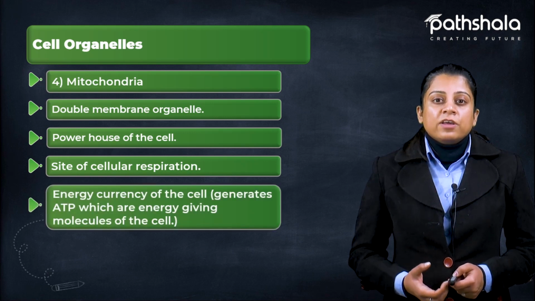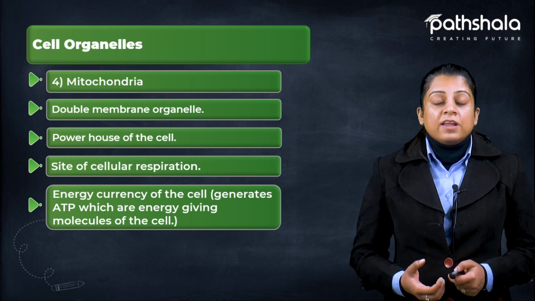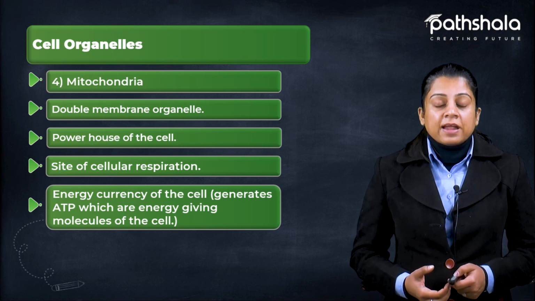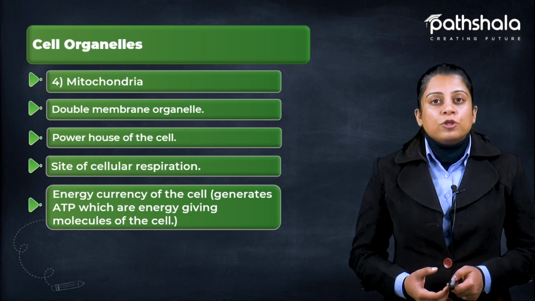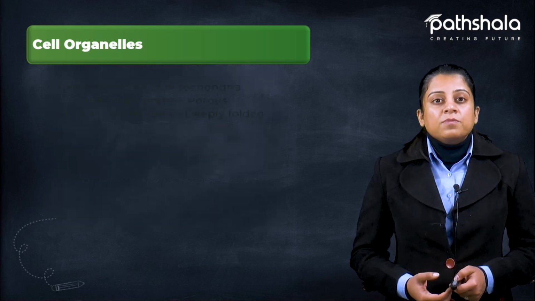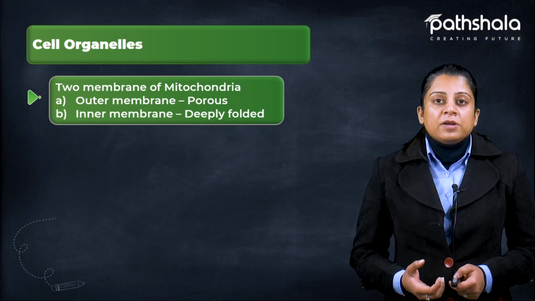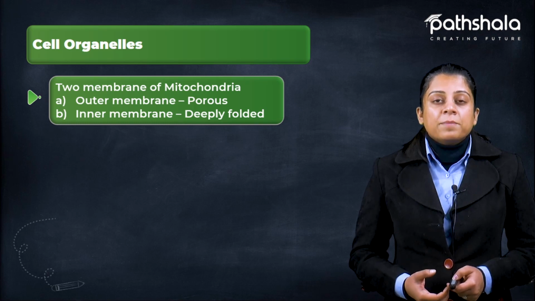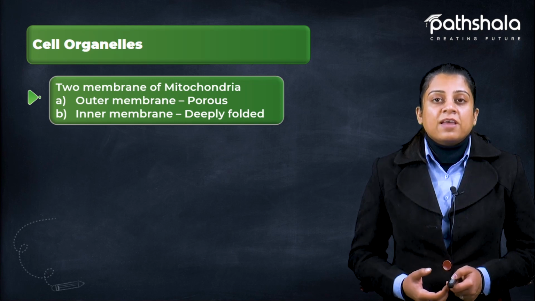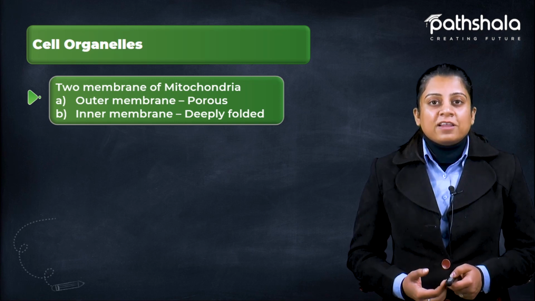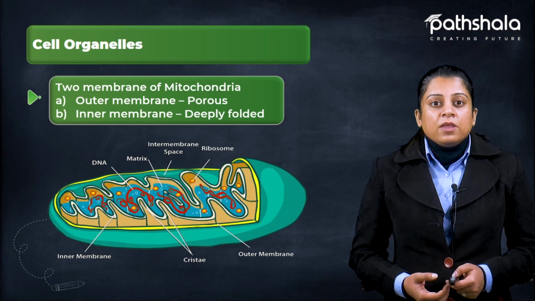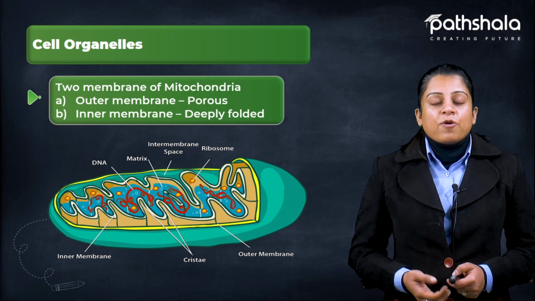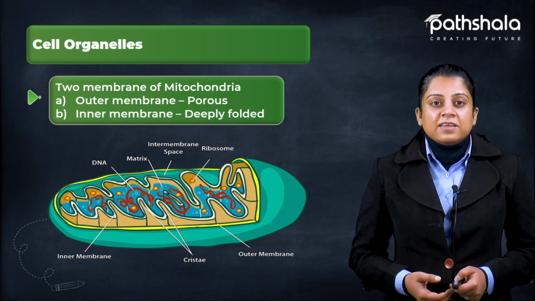Mitochondria is the energy currency of the cell because it generates ATP, that is adenosine triphosphate, which are energy-giving molecules of the cell. This mitochondria is a double membrane structure and the outer membrane is porous, that means it allows the movement of substances in and out of the cell organelle, and the inner membrane is deeply folded. You can see the structure of mitochondria in the diagram presented here.